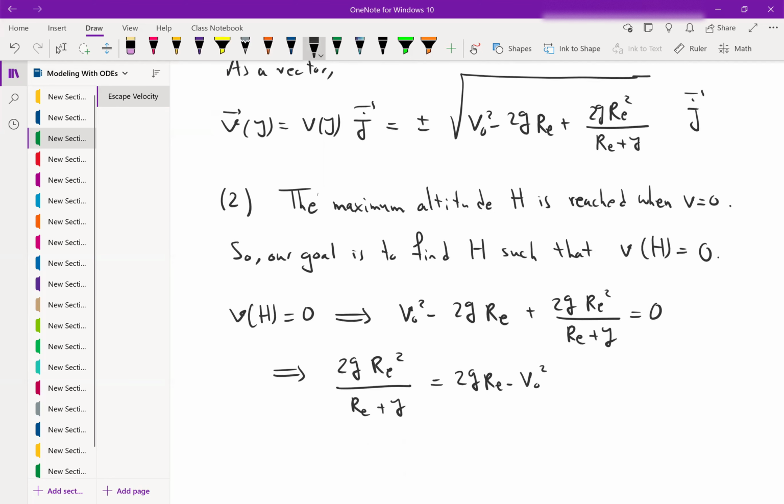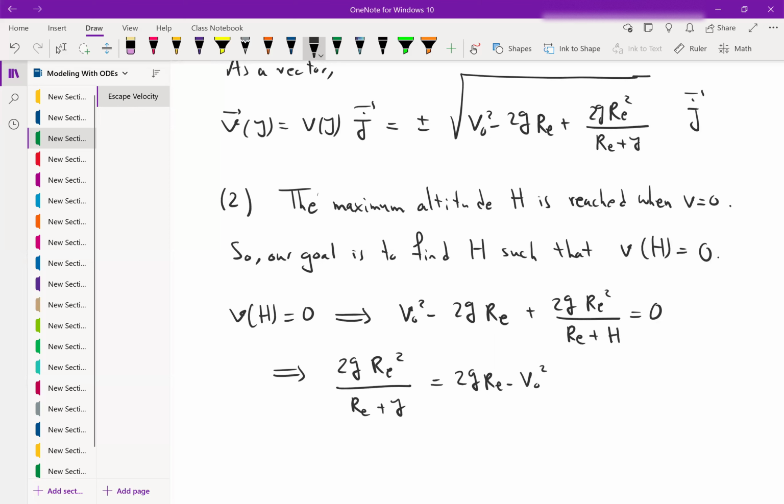And y is h. I just realized here y is h. I want to determine a relationship between v0 and h. I want to know what h is in terms of v0. And later I'll build what v0 is in terms of h for part 3. That is the key here.